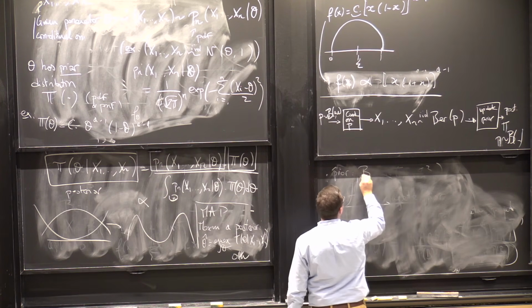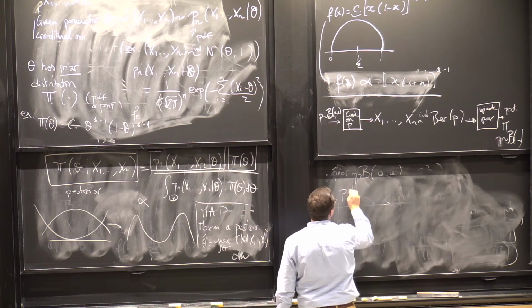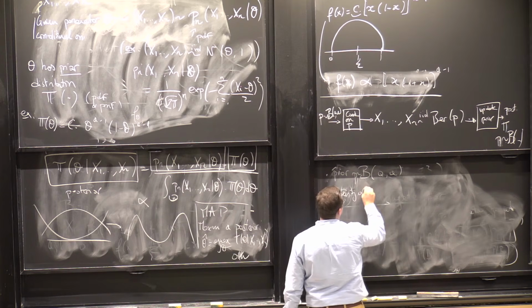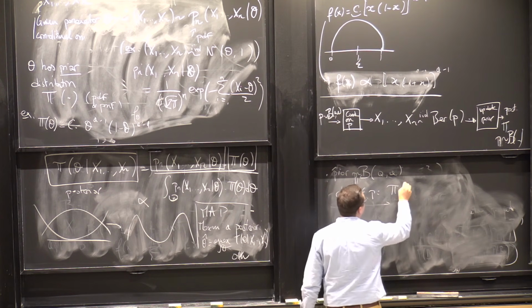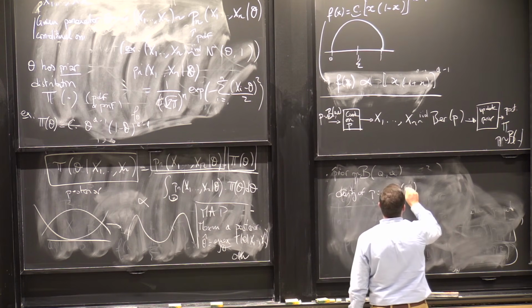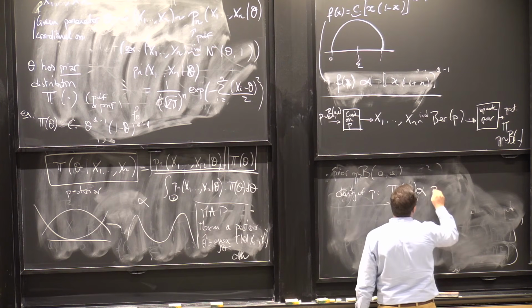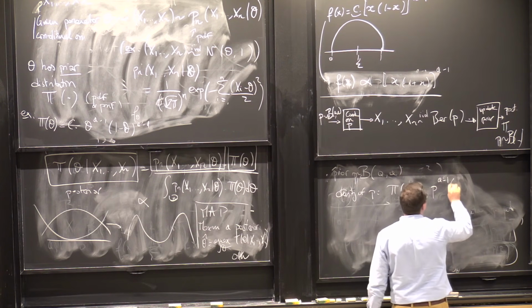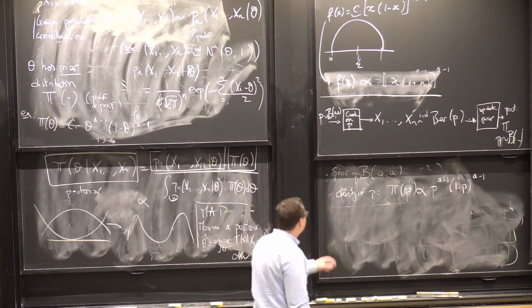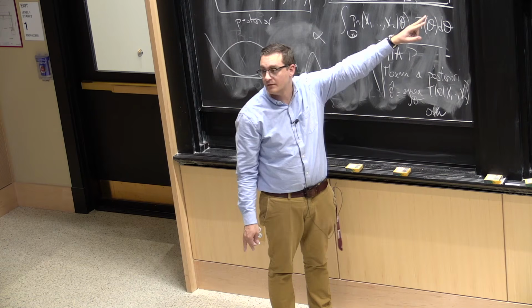Well, it was beta, so P was following a beta(a, a), which means that the density, that was pi of theta, well, I'm going to write it as pi of P, was proportional to P to the a minus 1 times 1 minus P to the a minus 1, right? So that's the first ingredient I need to compute my posterior. I really need only two if I want it up to a constant.